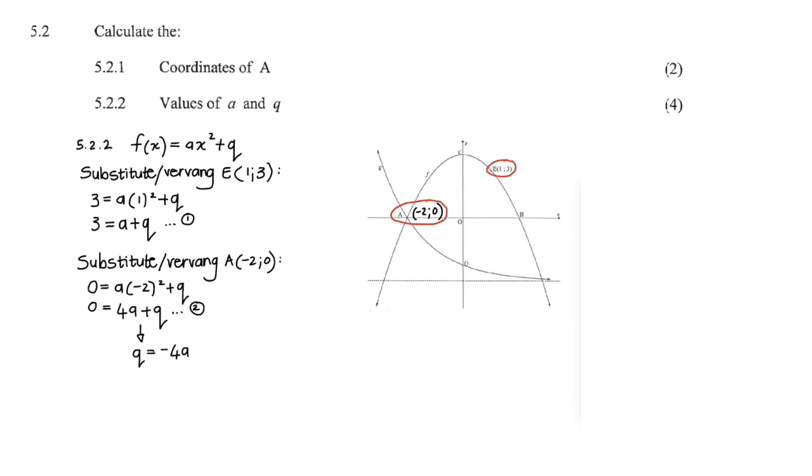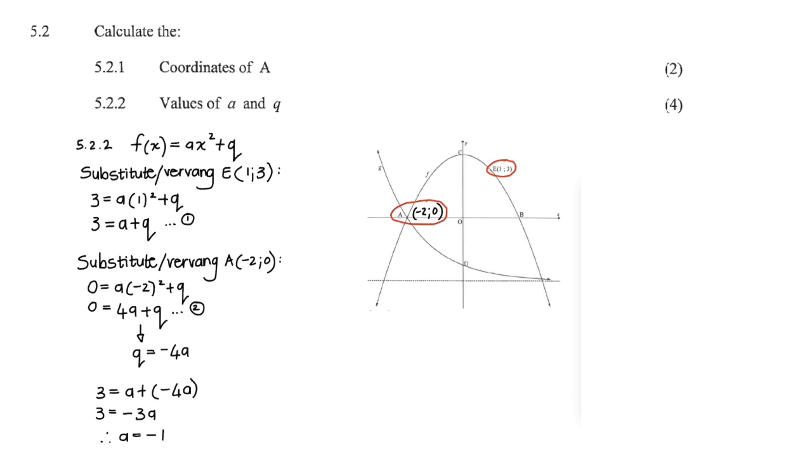Now that we have a value for q, we can substitute it into equation 1. So we have 3 = a + (−4a). Now a plus −4a equals −3a, so after we combine the like terms, we have 3 = −3a. We want to isolate for a, so we divide both sides by −3.